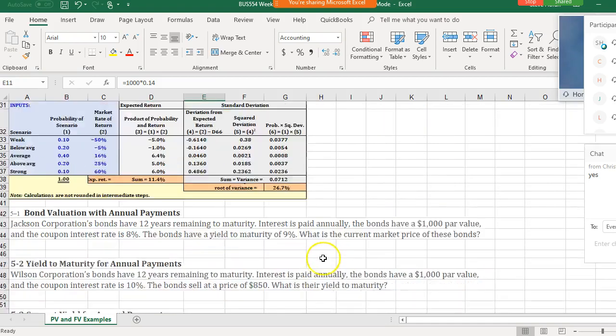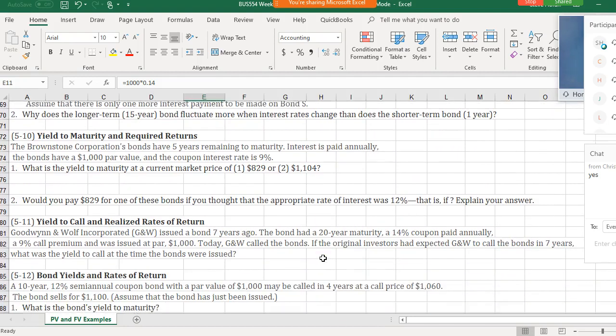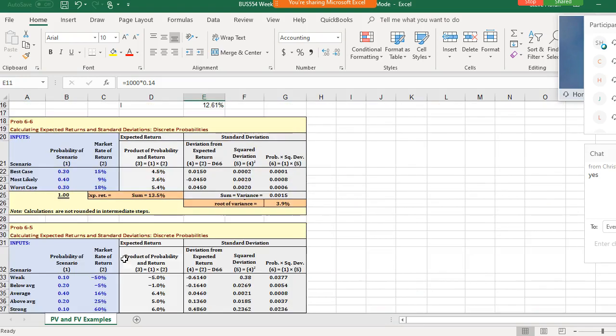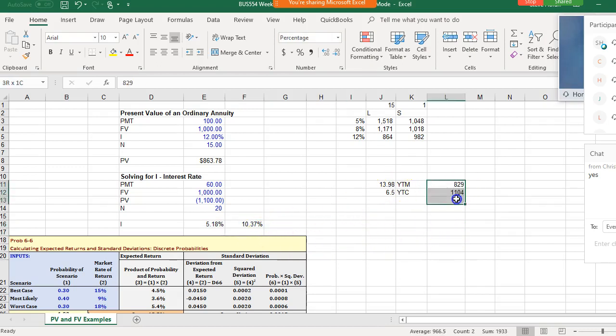And the 60 came from right here, the 12% semi-annual coupon. I just want to make sure everybody saw that. So we take 1,000 times 0.12 divided by 2. And I get 5.18, but now I have to double that because it's semi-annual, times 2, and my answer then is 10.37. So YTM is 10.37.